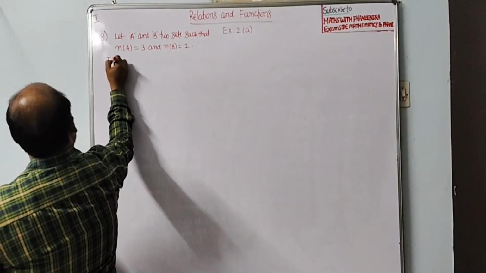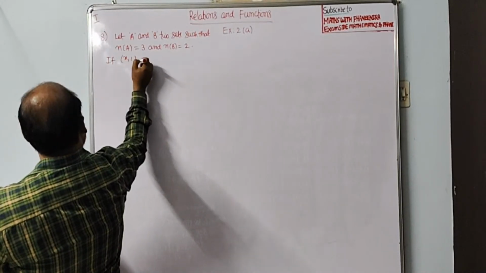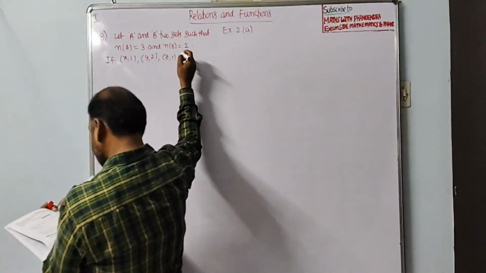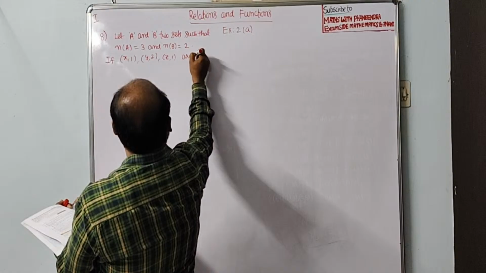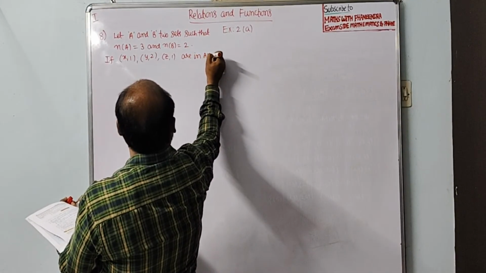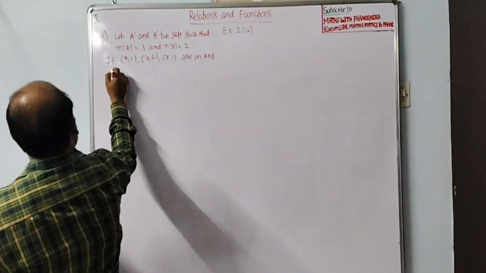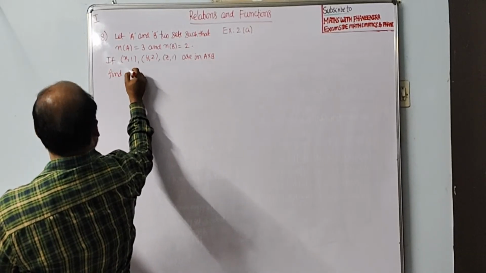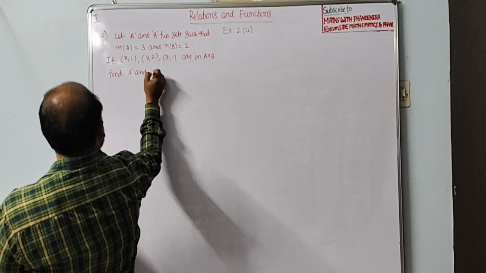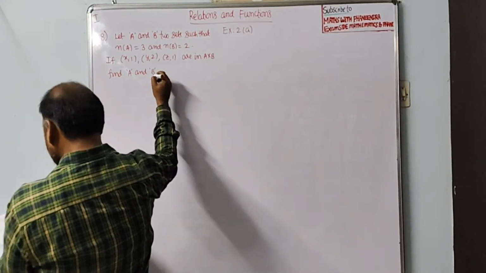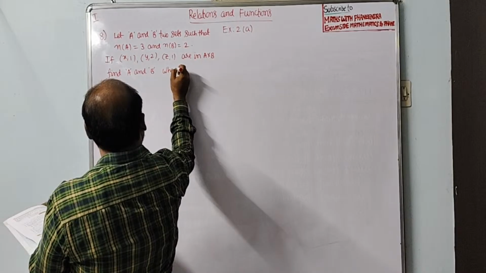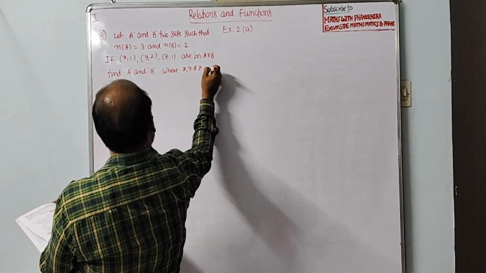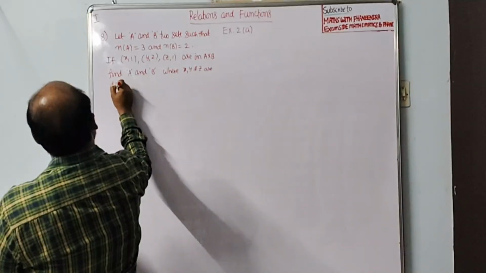If (x, 1), (y, 2), (z, 1) are in A cross B, find A and B, where x, y and z are distinct elements.